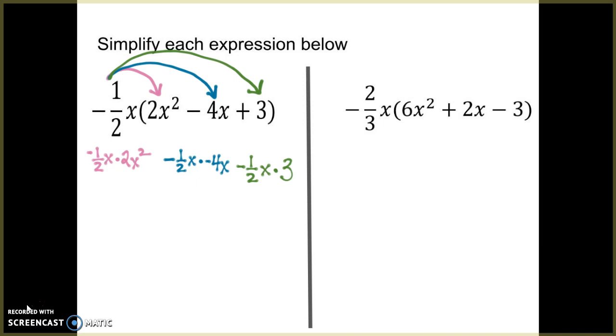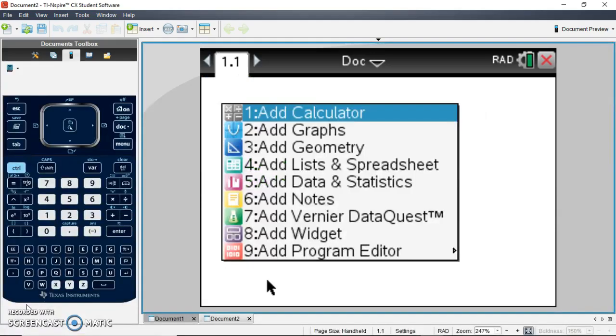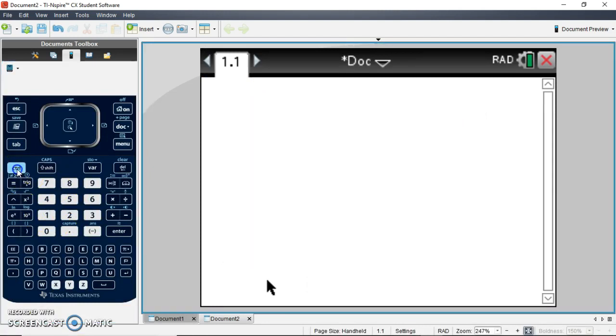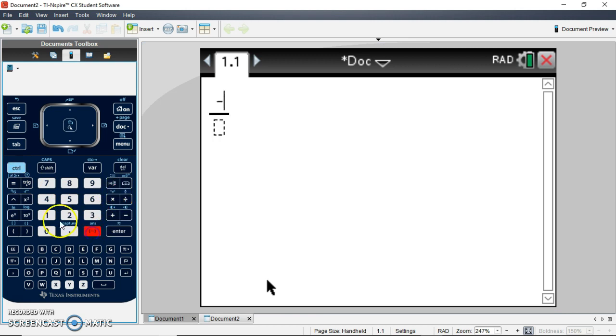And then we go through and we start simplifying. Now for this, I'm only multiplying the coefficients, so negative 1/2 times 2. If you're not sure what that is, then use your calculator. So calculator, control divide, I have negative 1/2, and we're multiplying that by 2. So see, that's negative 1.